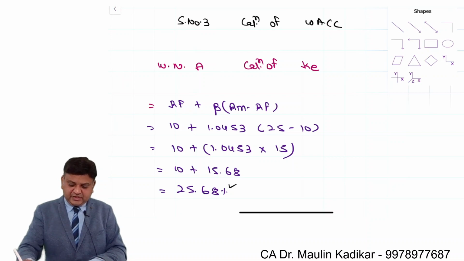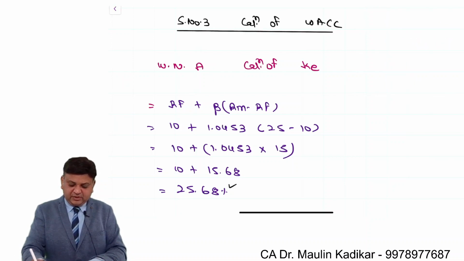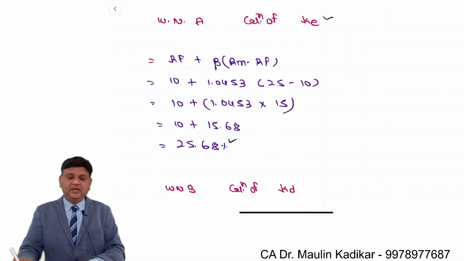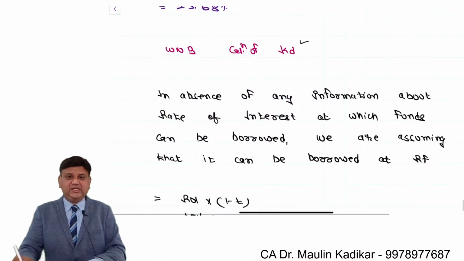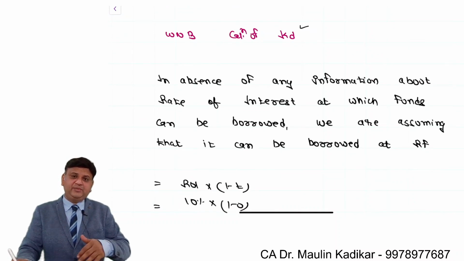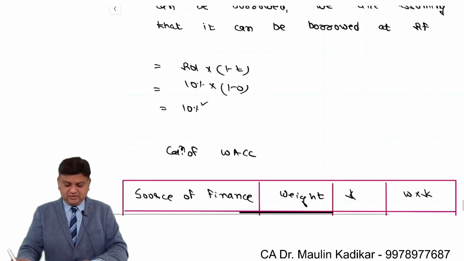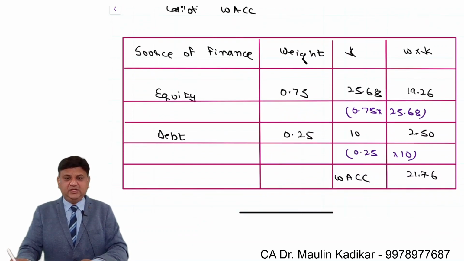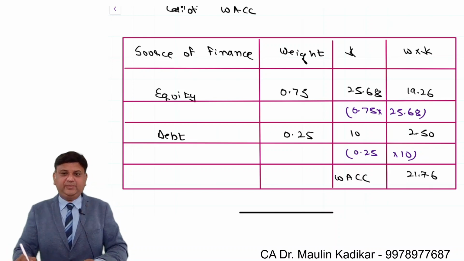Calculation of the weighted average cost of capital: first we compute the cost of equity, RF plus beta into RM minus RF. Cost of debt financing, we assume that we can raise the funds at RF, in a way that there is no risk from the investor point of view when they make investment in our debentures. So KD is found. And lastly, simple weighted average, we have computed the weighted average cost of capital. This is the answer of the first part of the question.